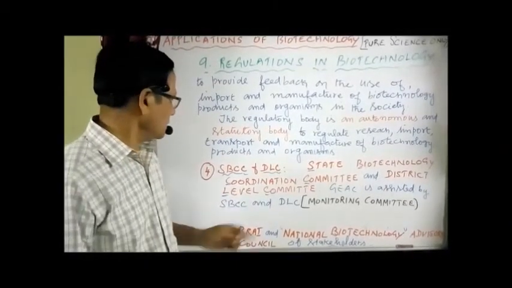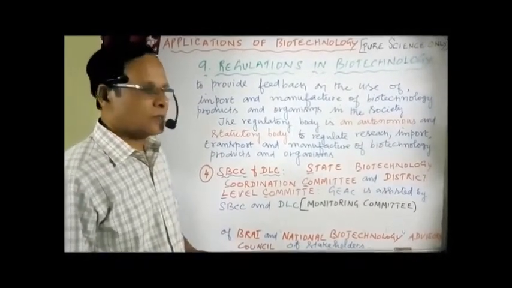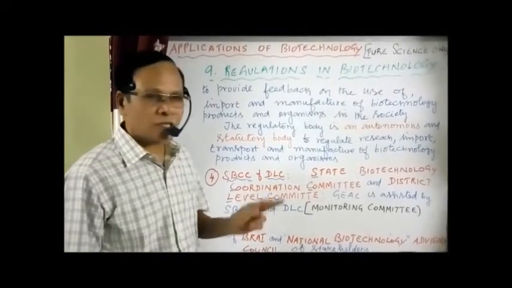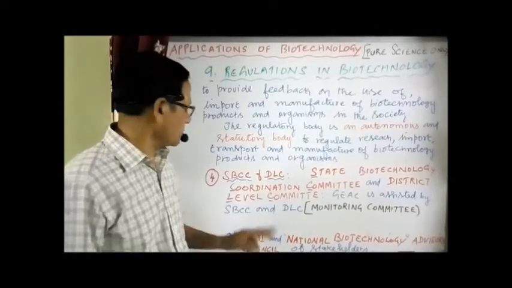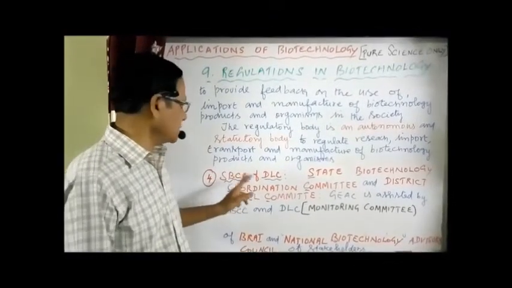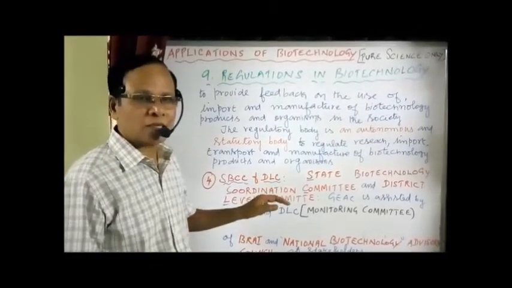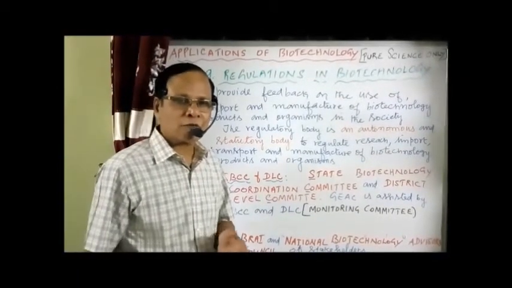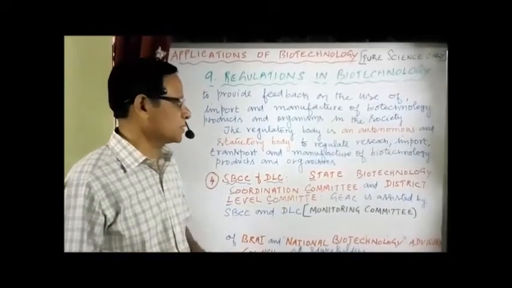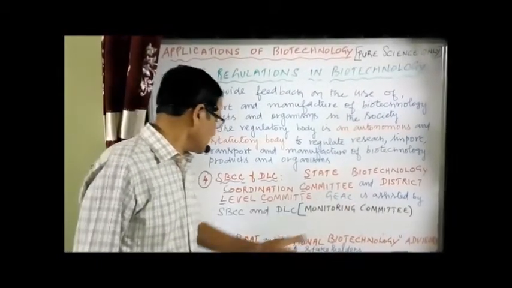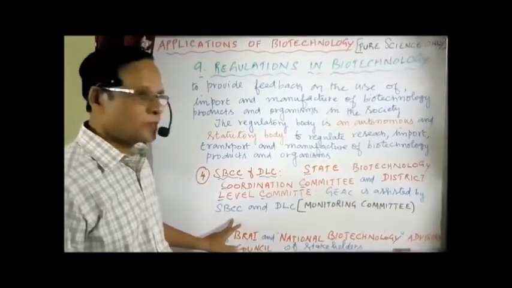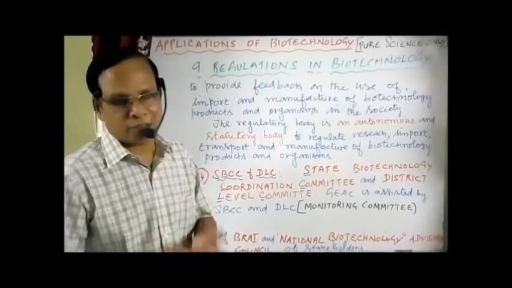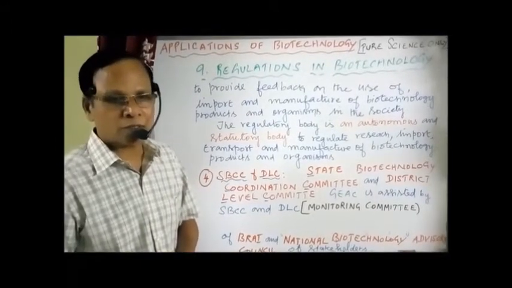Now the next one, SBCC, that is the State Biotechnology Coordination Committee, and DLC, the District Level Committee. These two committees are responsible for assisting GEC. So GEC is assisted by SBCC and also DLC, and these two are the monitoring committees.